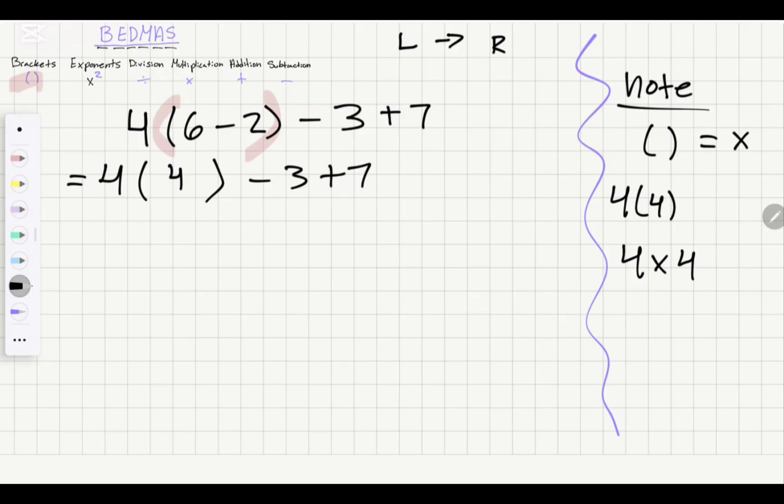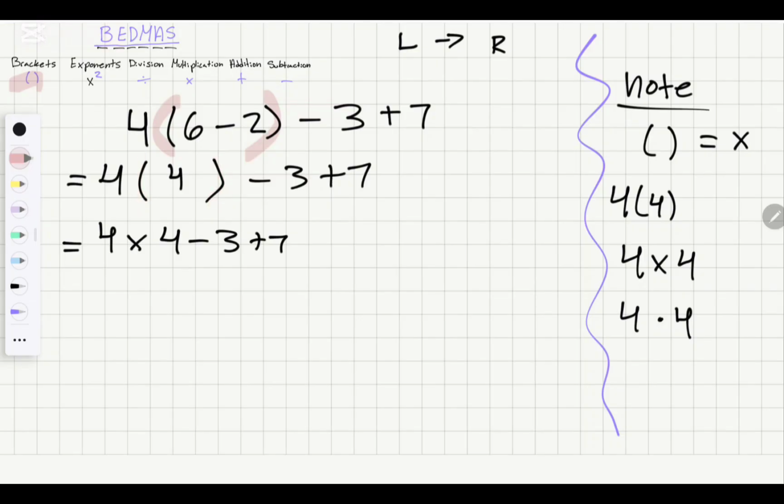Alright? There's lots of different ways to write multiplication. Sometimes you'll see it as a dot. They all mean the exact same thing. So I'm going to rewrite that as 4 times 4 minus 3 plus 7. And all I did was replace these brackets with the multiplication sign right here.